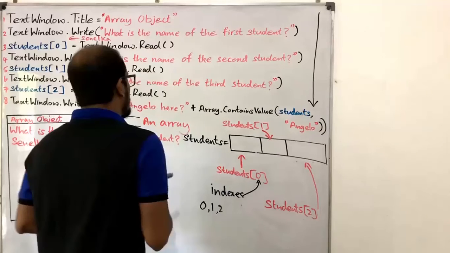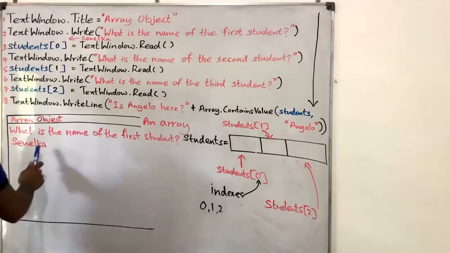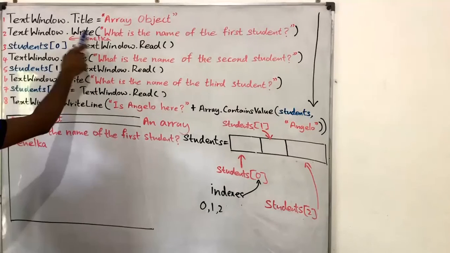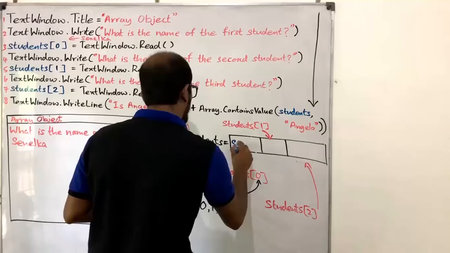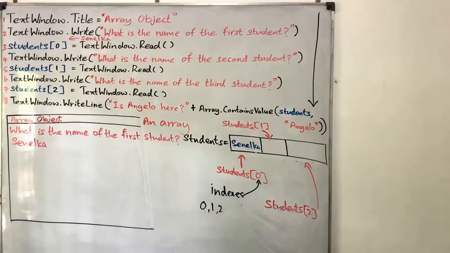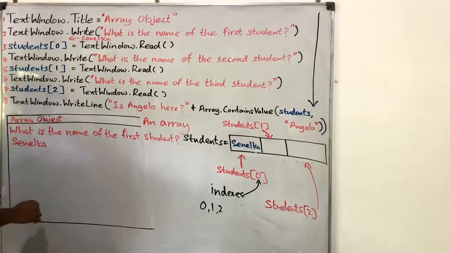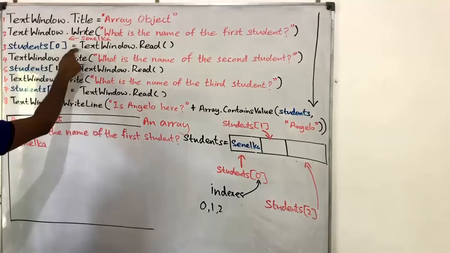So text window reads Senelka and stores that value under students 0. Let's continue. Now the computer has executed 3 statements. Now the fourth one.